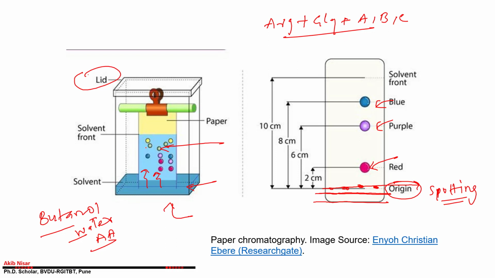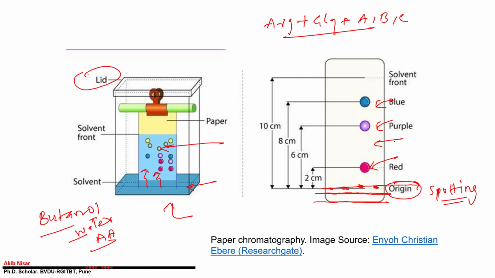I will discuss it later, because when you separate them, the amino acids are transparent. You can't differentiate the amino acids on the basis of color, because all the amino acids have a similar color, transparent when you dissolve them in water. So after running the amino acids on a paper, you see the chromatogram. This is a chromatogram. You can't observe the amino acids; you will not be able to see them separately or any type of spots.